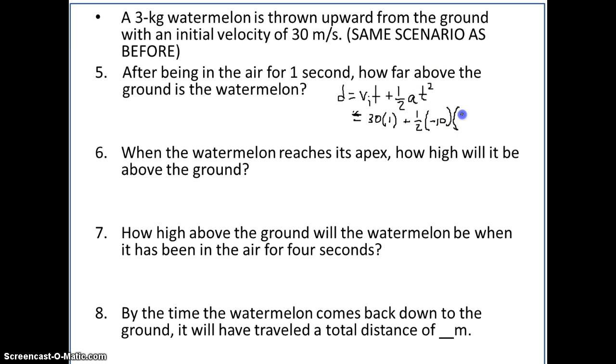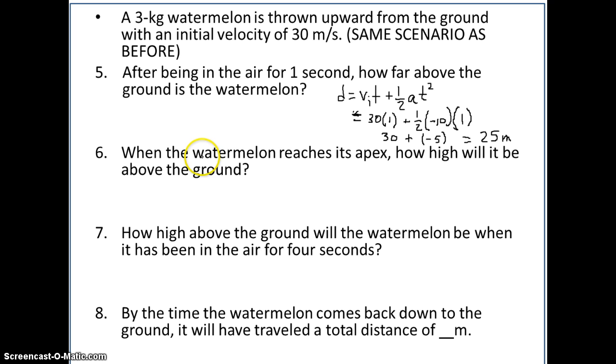T squared is 1 squared, so it's still 1. So 30 plus 1/2 times negative 10 is negative 5 times 1. 30 plus negative 5, 25. That means after 1 second of being thrown, if it started at 30 meters per second, it is going to be 25 meters above the ground.